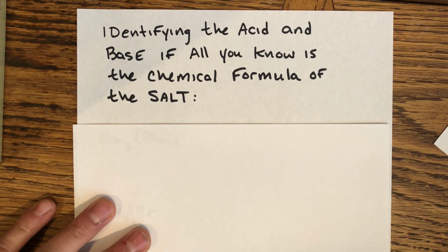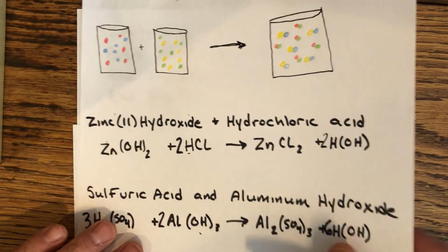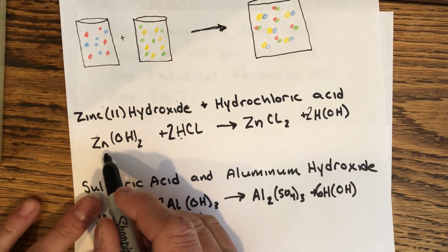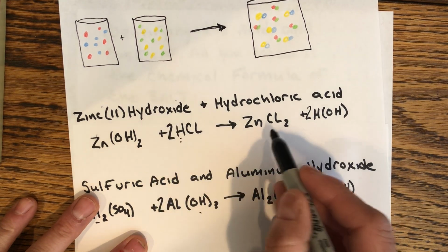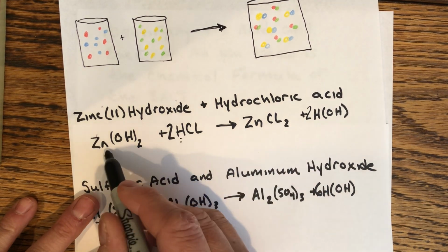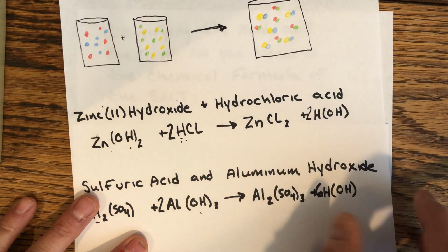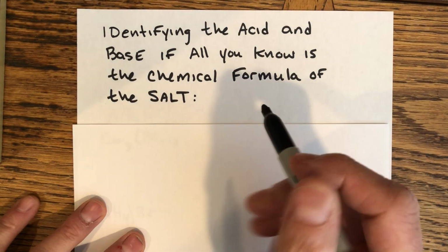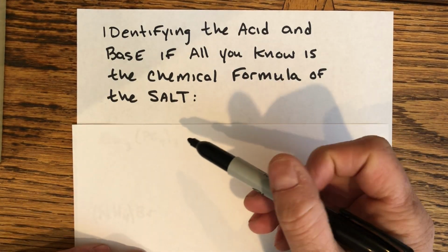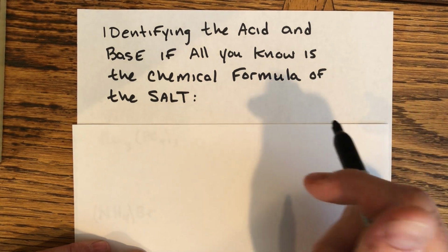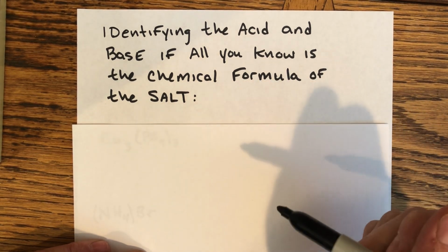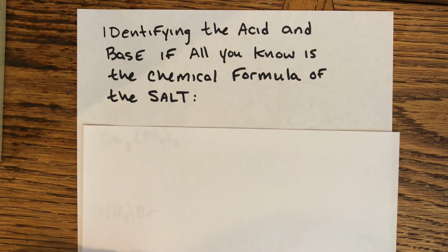When I say the parent, I just mean that if this is the base and this is the acid that join together to make this salt, we call these the parent acid and base, okay? So if you only know the formula of the salt that is created in a neutralization reaction, you can work backwards to determine what the parent acid and the parent base are.